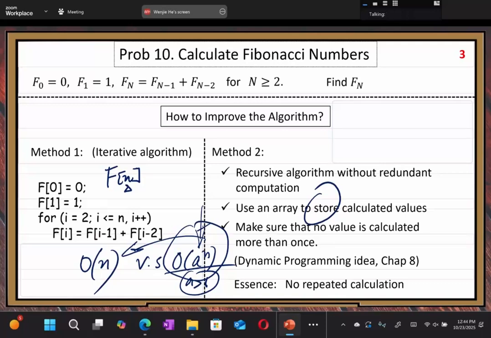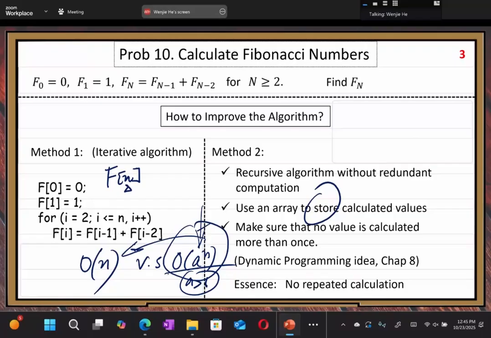Too slow. No matter how powerful your computer is, it is still too slow. Not acceptable. That's our current situation, so we have to improve it.